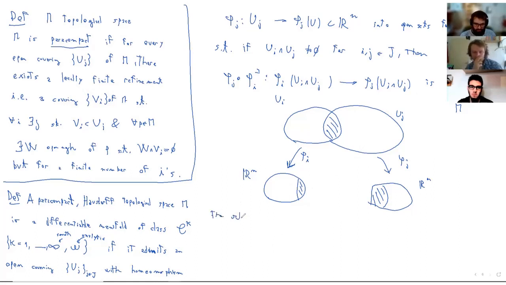And the set of pairs, I'm sorry, I have a very bad looking curly bracket, but this is my curly bracket, is called an atlas.